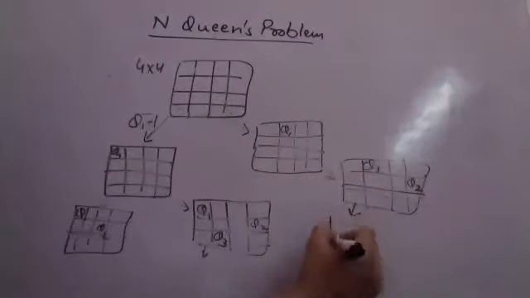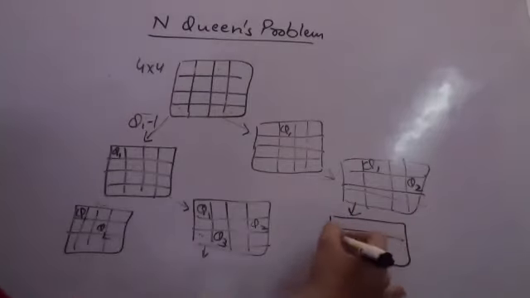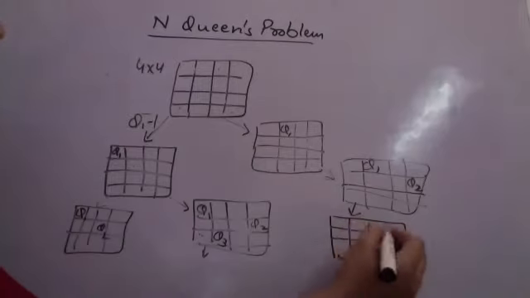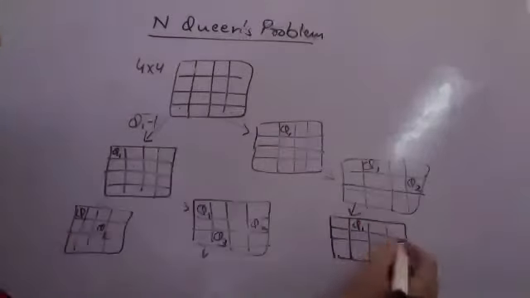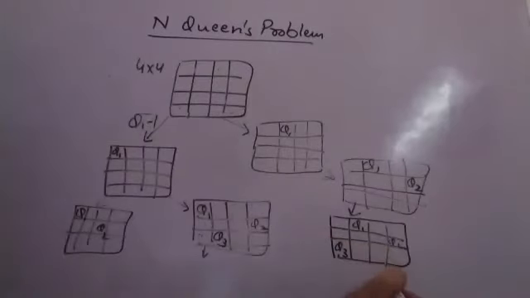So Q1 is in column 2, Q2 in column 4, and Q3 has been placed in column 1. Again, they are not under attack. And finally, I can place Q4 in column 3 so that none of them will be in attack.